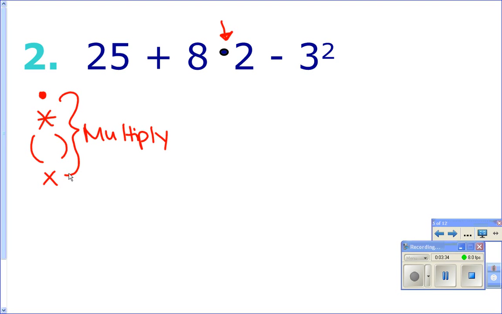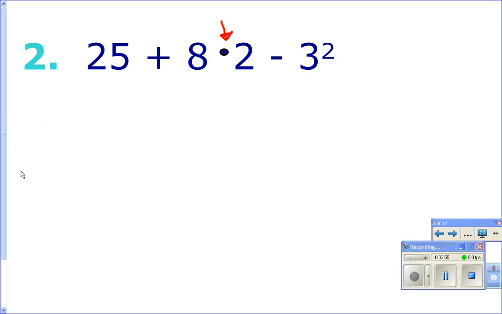Okay? We will not use the X in 7th grade anymore. That's just because when we get to equations, we use variables. So you'll either see the dot, the asterisk, or parentheses. Okay? So write that in your notes real quick. I'm going to erase it so we can move on.